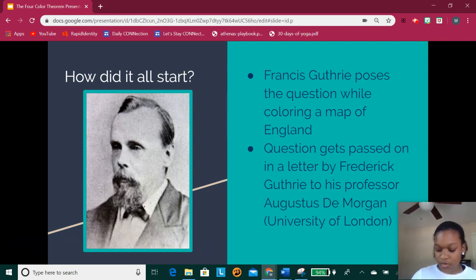And Francis was coloring a map of the counties of England, and while he was coloring, he proposed the question to his brother, and his brother proposed the question to De Morgan, in the letter that I mentioned previously. So that's kind of some background as to how this four-color problem was born.